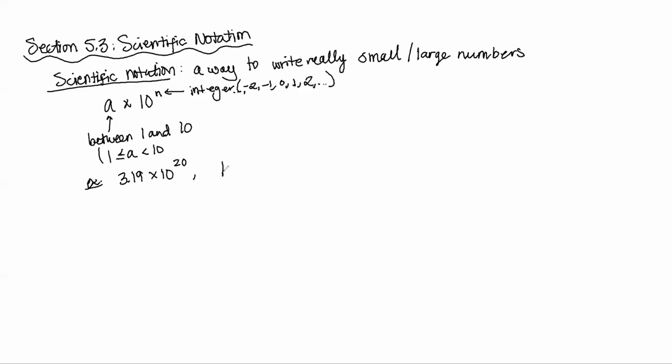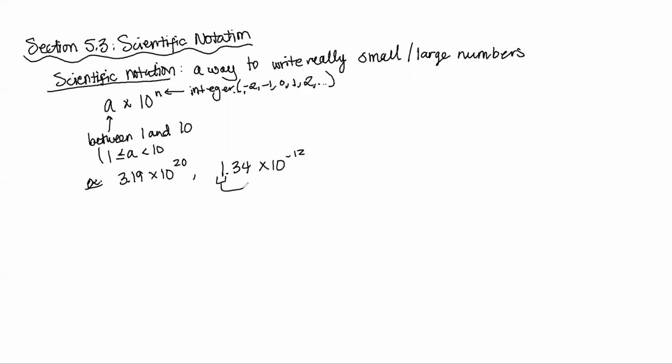Another example would be 1.34 times 10 to the -12th. This means that this decimal is actually 12 places further to the left. So positive or negative indicates which direction the decimal is actually going to be in the actual number.